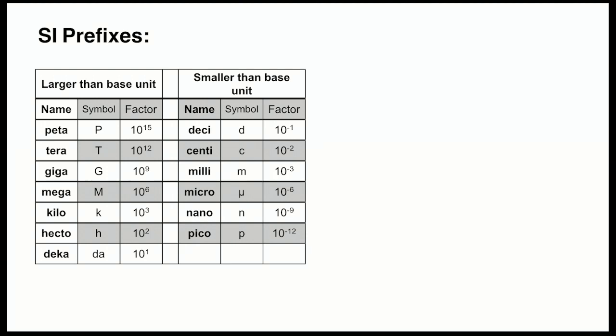We have what we call a base unit for SI measurements. Base units are seconds or meters or grams, volts, hertz, etc. The other prefixes are used mostly in engineering notation.